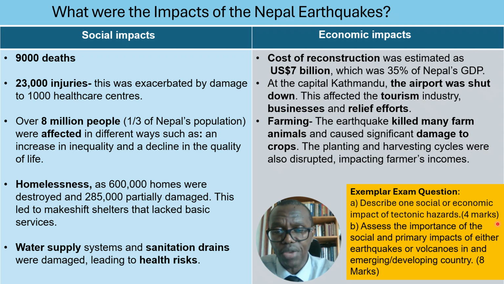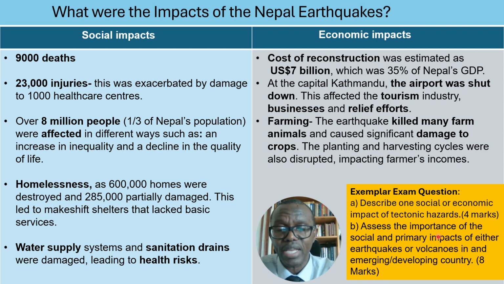All right, so moving on to the exam style questions. The first one here is a 4-mark question, and it's asking you to describe one social and one economic impact of tectonic hazards. So you can pick one from either side here and talk about it.